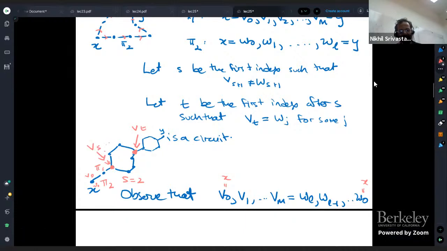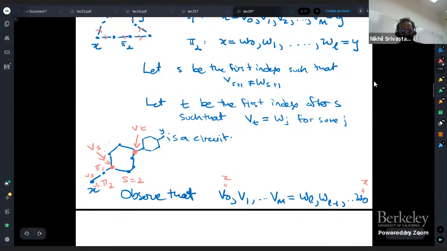And now we're in business, because none of the edges in pi 1 between Vs and Vt can occur in between Ws and Wj, because I chose T to be the first index at which they share a vertex.